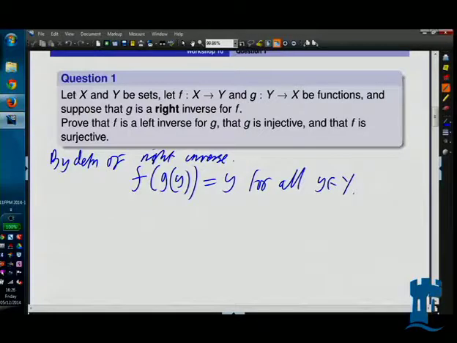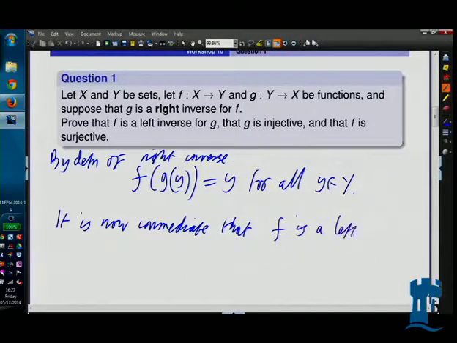And it's now immediate that f is a left inverse for g. That's if you put f to the left of g, you get back to where you started. So f is a left inverse for g. You have to go back to the definitions of left inverse and right inverse.